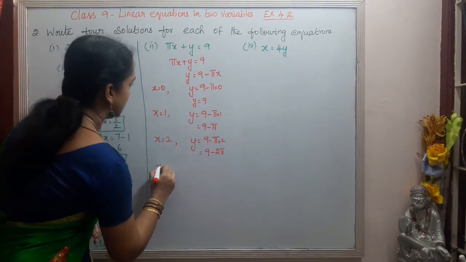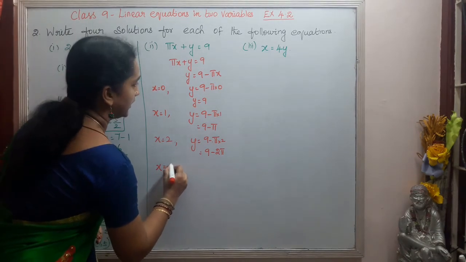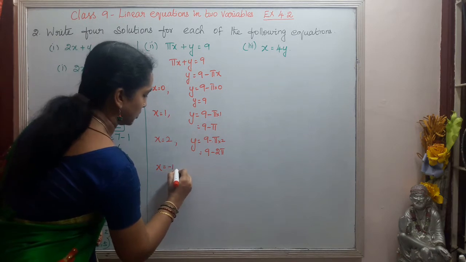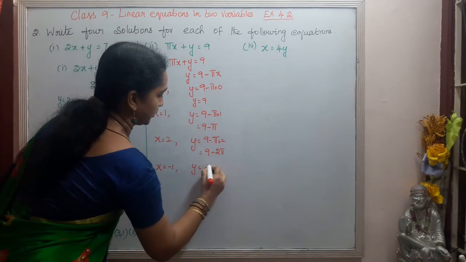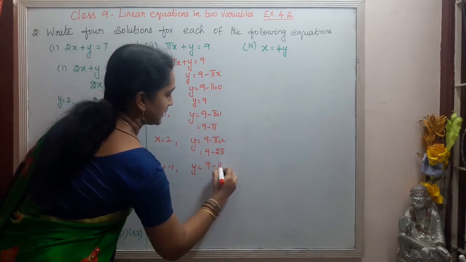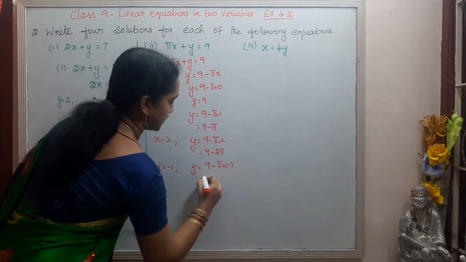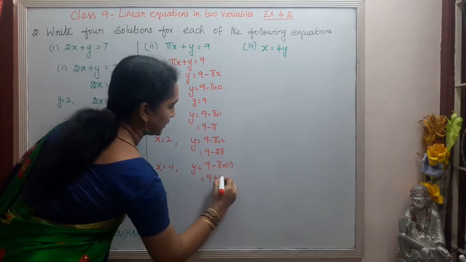Then if x is equal to minus 1, then y is equal to 9 minus pi into minus 1. So I will get 9 plus pi.